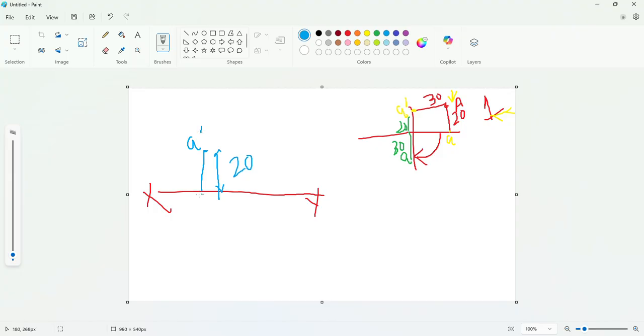From the same point on the reference line, draw a line in the downward direction, which is 30 mm in length, and this point is A, the top view. So this is the projection of point A. This projection refers to the point A, which is 20 mm above HP and 30 mm in front of VP.